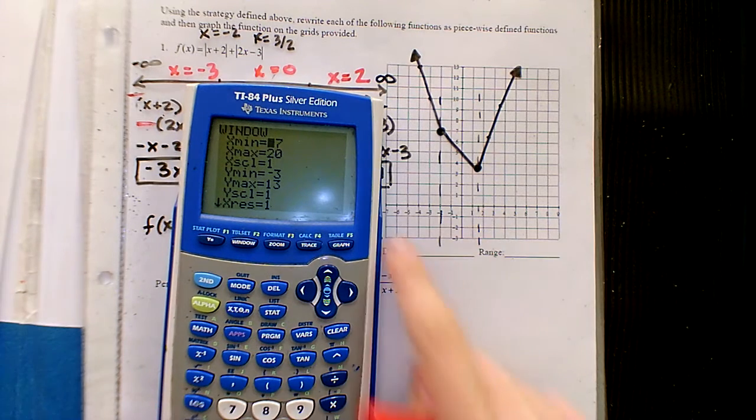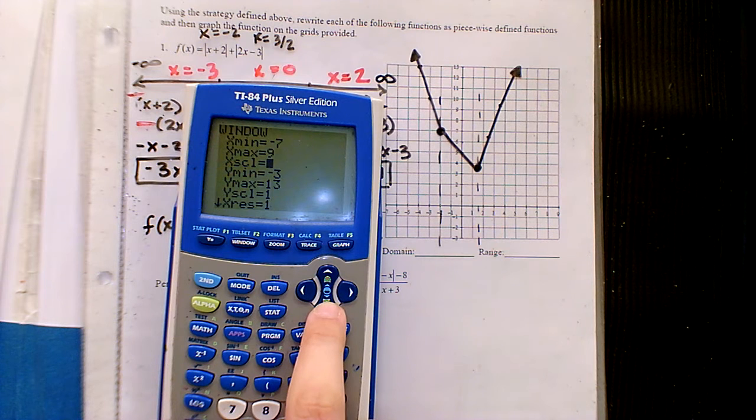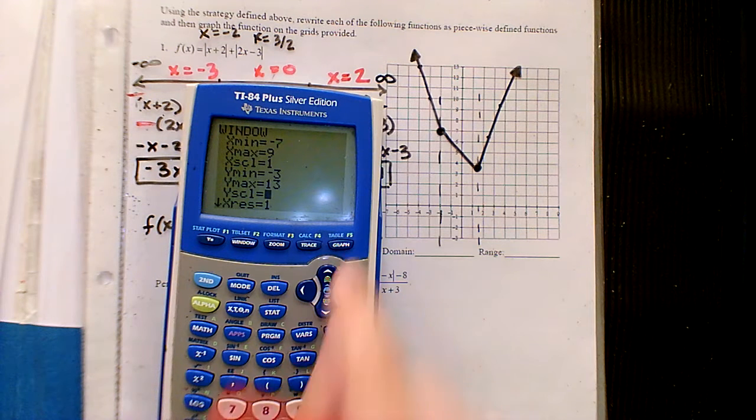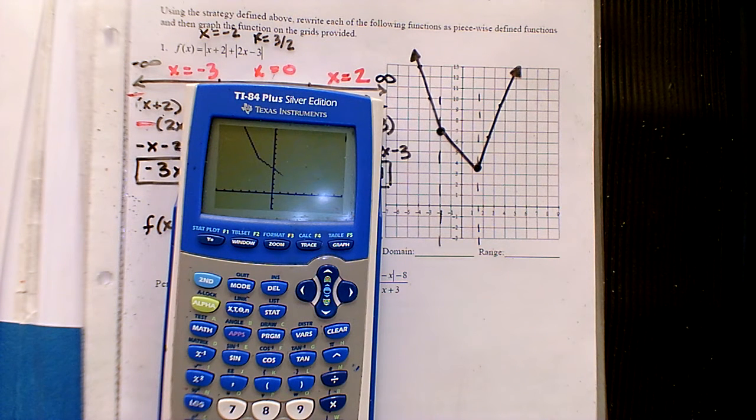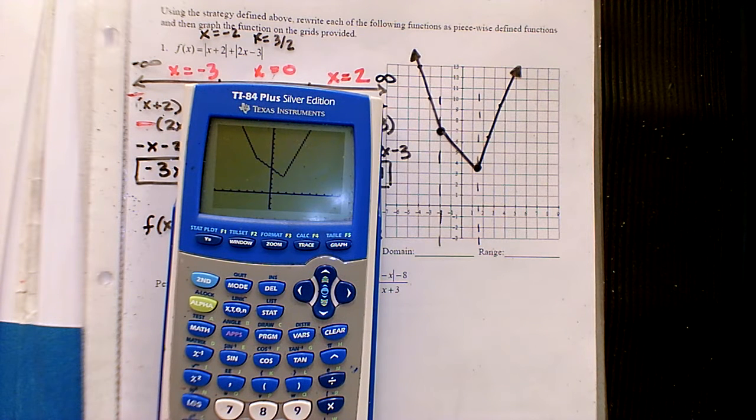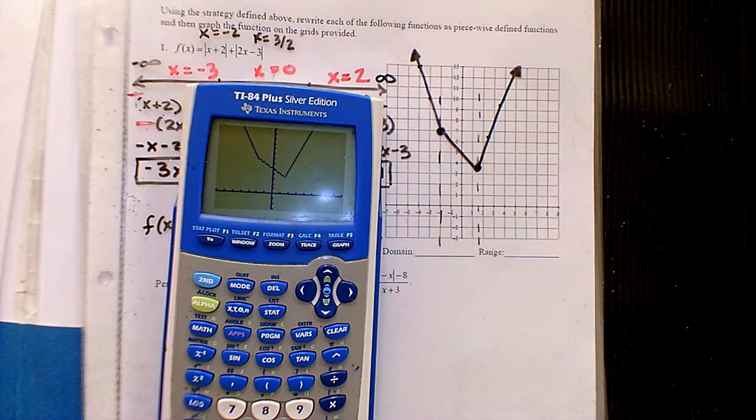Our graph goes from -7 to 9, counting by ones, and then -3 to 13, counting by ones. We'll go ahead and hit graph. Say we did pretty good, right? Matches. So it looks like we're doing something right.